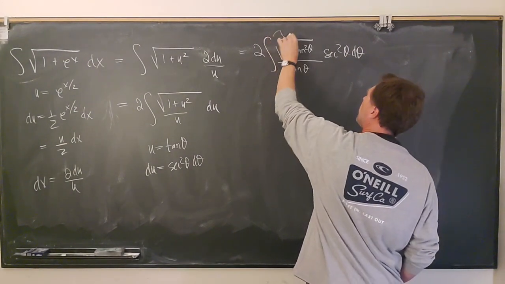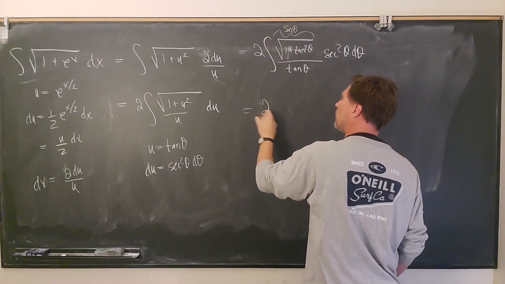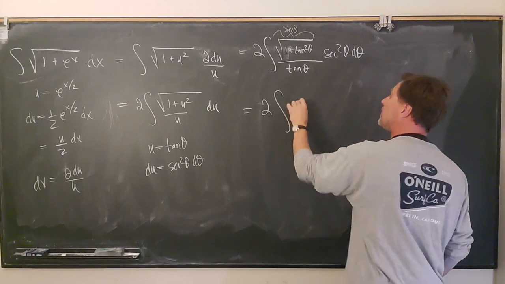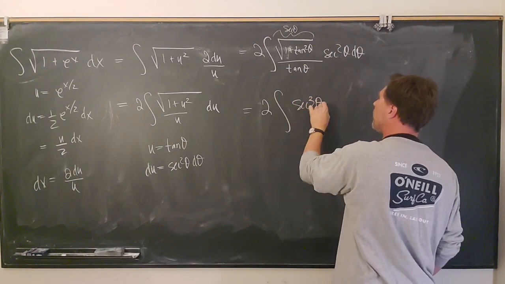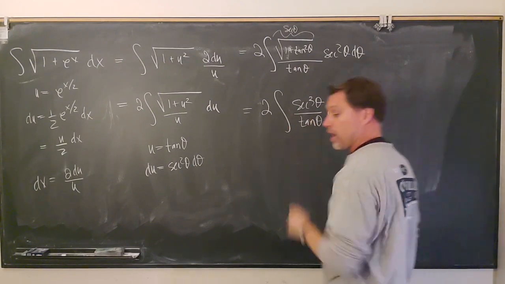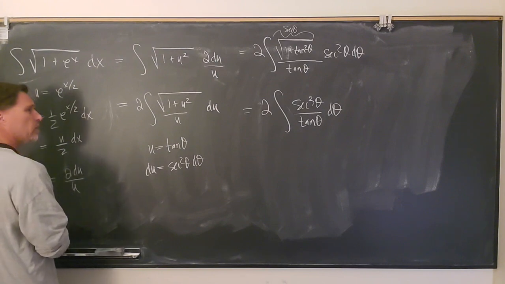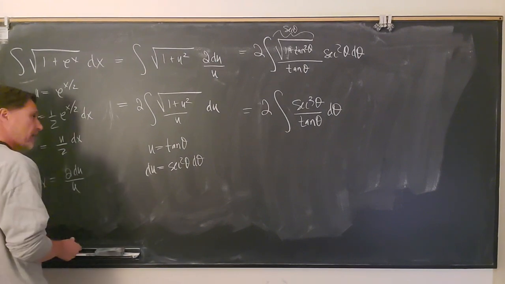This part right here is a secant theta. So when we get rid of the square root, what we'll have is a secant cubed theta over tangent theta d theta. So now we've got a product of trig functions, and unfortunately it doesn't fall into any of our standard categories, and so we just need to try something.